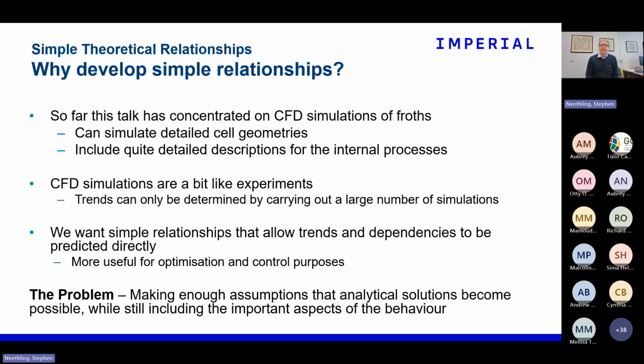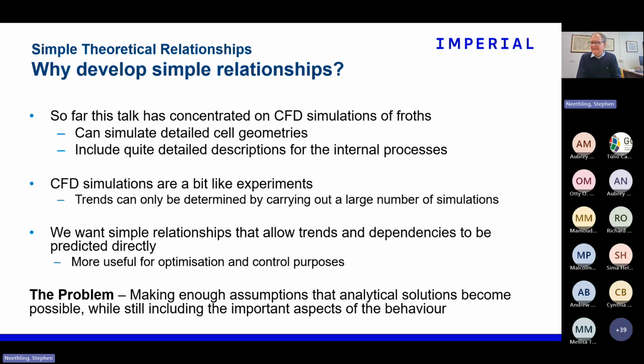The next thing we did when it came to the froth phase is try and develop simple relationships. Up till now, I've talked about CFD-like models of the froth phase, and those are very useful because we can start to simulate things like detailed cell geometries, how the particular design of internal components affects the behavior.